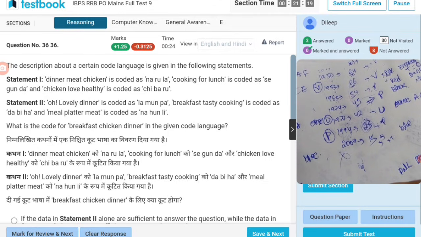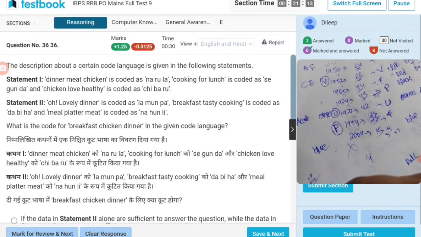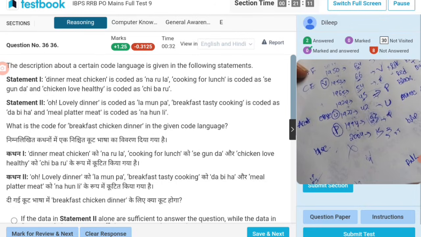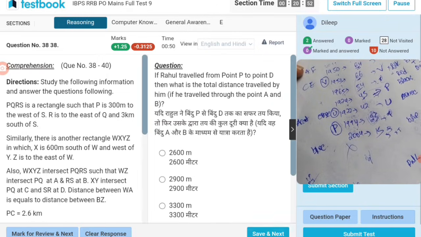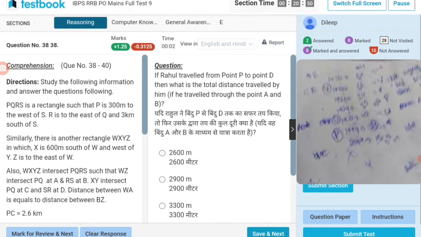So dinner meat chicken. So chicken is. So next one.